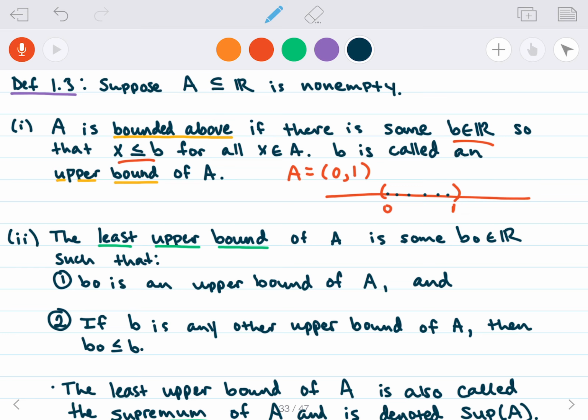So how about 2? Maybe I'll just put B equals 2, B equals pi, B equals a trillion. I don't care, okay? There's infinitely many upper bounds for this set, right? Because anything in the set x is going to be smaller than or equal to these upper bounds.